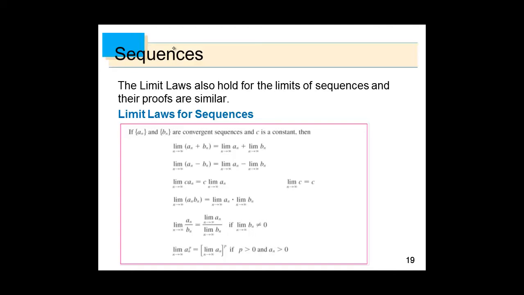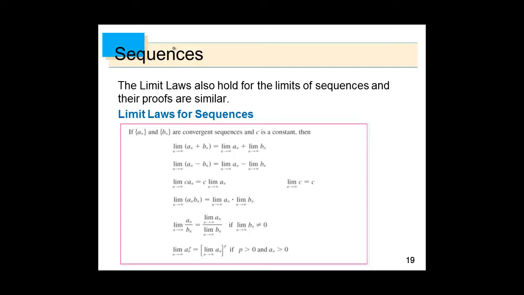Now, if I give you two sequences, you can perform some algebra and combine them and obtain a new sequence. For example, I can add the terms of the sequences and get a new sequence called the sum sequence. So you can algebraically combine two sequences and obtain new sequences.